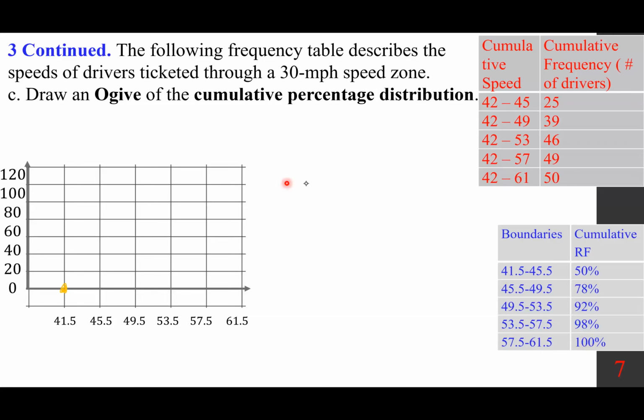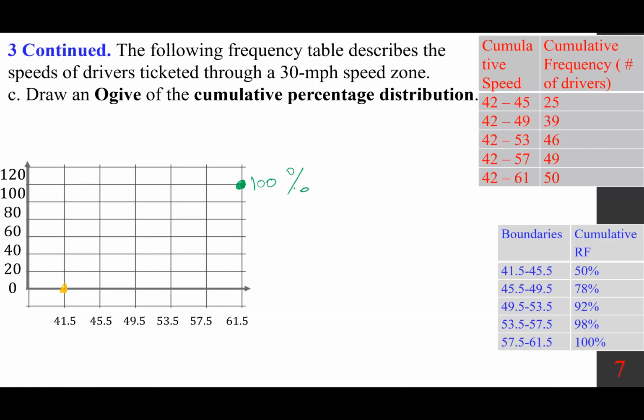If it's a frequency, it corresponds to n. If it's a percent frequency, it corresponds to 100%. If it's just relative frequency, 1. So it corresponds to 1 or 100%. Always.